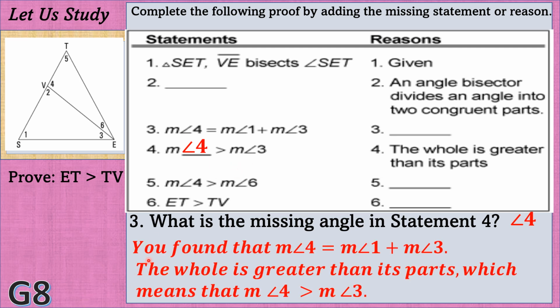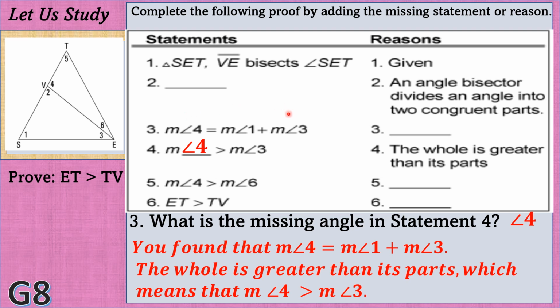So bakit kaya? Because you have found in the previous statement that the measure of angle 4 is equal to the measure of angle 1 plus the measure of angle 3. So, ibig sabihin, ang measure ng angle 1 is lesser than the measure of angle 4 kasi part lang si angle 1 ni angle 4.